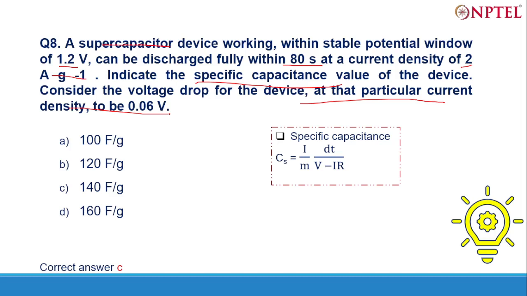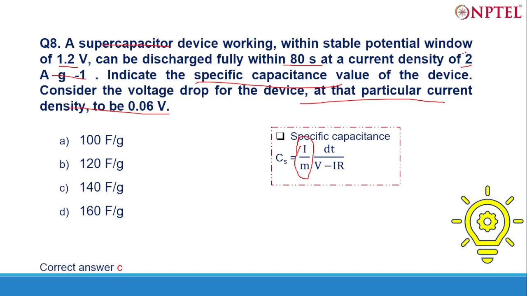So what is the relation of specific capacitance with all these parameters? Specific capacitance is equal to I upon m into dt upon V minus IR, where Cs is the specific capacitance, and I upon m is the current density, in ampere per gram.